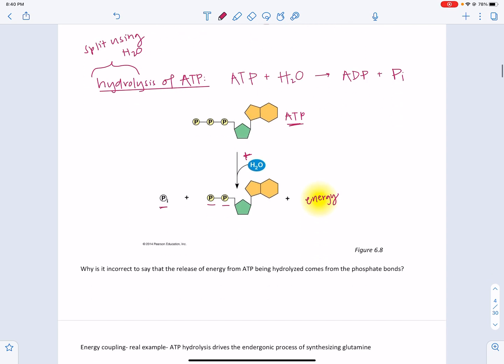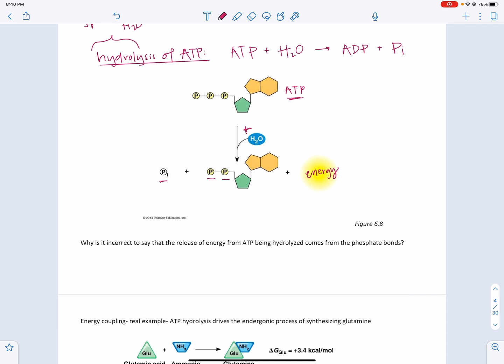I do want to talk about this question because we tend to get a little confused about it. Why is it incorrect to say that the release of energy from ATP being hydrolyzed comes from the phosphate bonds? We sometimes fall into the trap of saying this. What we really want to focus on is this graph: a bar chart of the amount of free energy in the reactants, ATP and water, which is much more than the free energy in the products, ADP and inorganic phosphate.